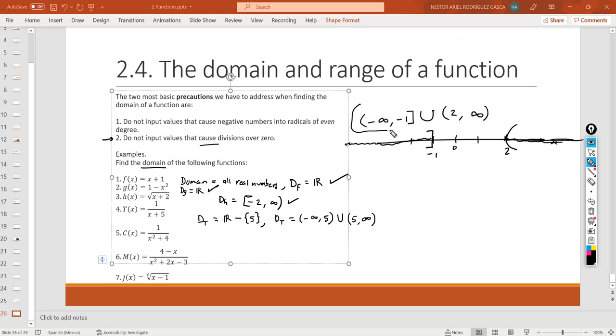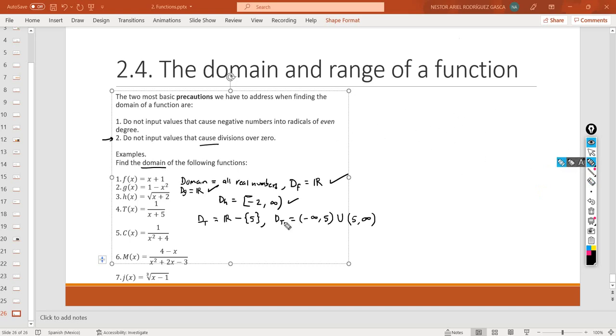So what this means is all the numbers that are within this first interval, from minus infinity to minus 1, including, or from 2 towards positive infinity. All these numbers, all of these plus all of these. That's what this means, guys. It's a union. That's how it's done.